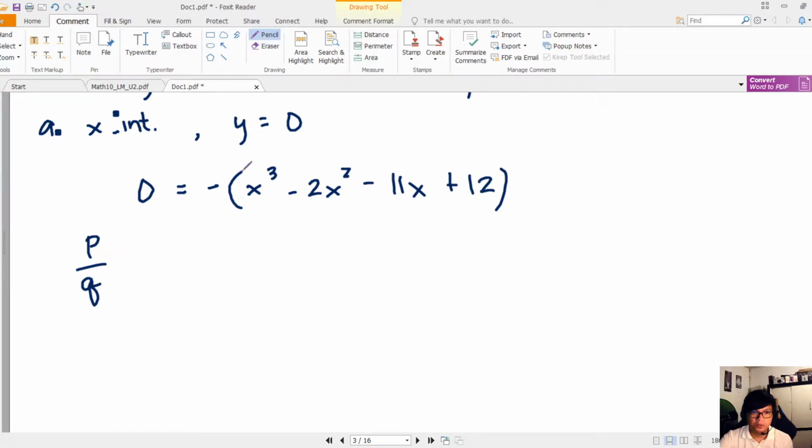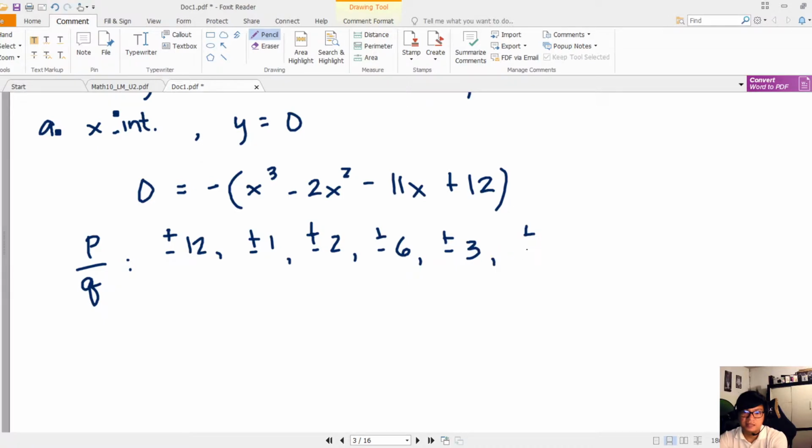So, p over q. Identify natin ang factors ng p. P are the factors of 12. Tama? So, the factors of the constant number which is 12 are the following: positive, negative 12, positive, negative 1, positive, negative 2, positive, negative 6, positive, negative 3, positive, negative 4.